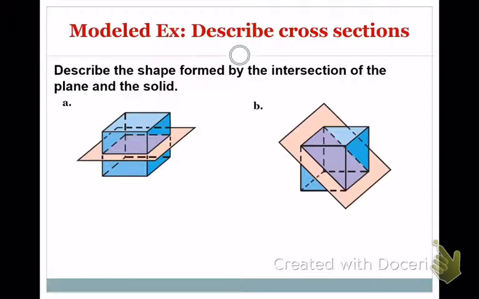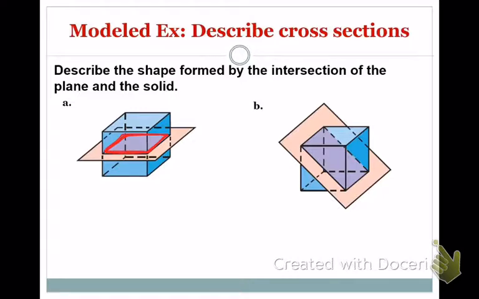Now, like I said, where you slide the plane into the solid will sort of change what cross section you get. So to describe the shape of the intersection of this plane and solid, to describe the cross section of this particular cube would be to describe this purple section right here, where the plane and the solid meet.